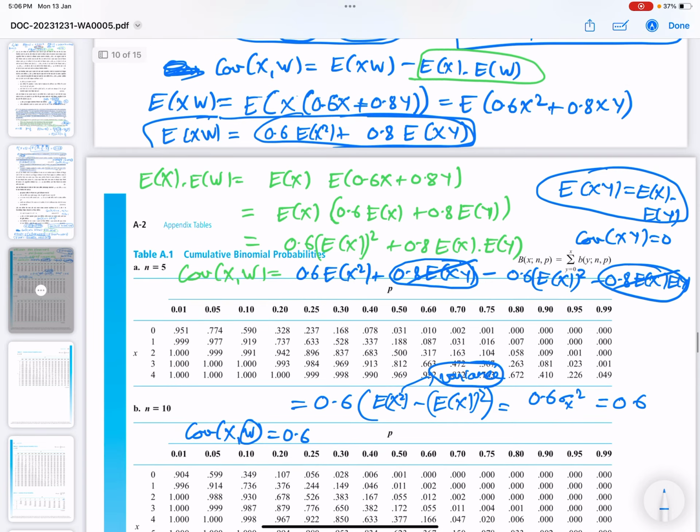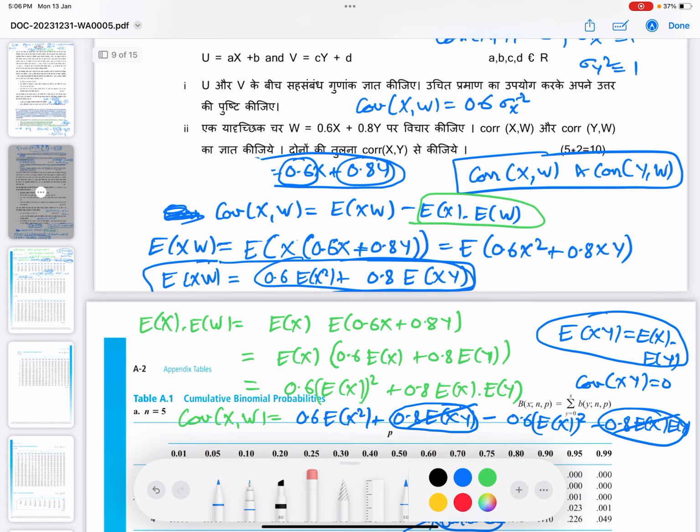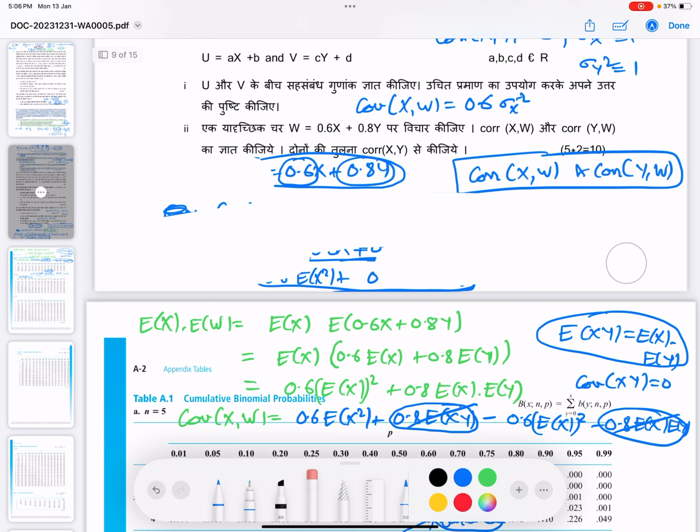Okay, now we have got this. We'll see what would happen to the correlation.